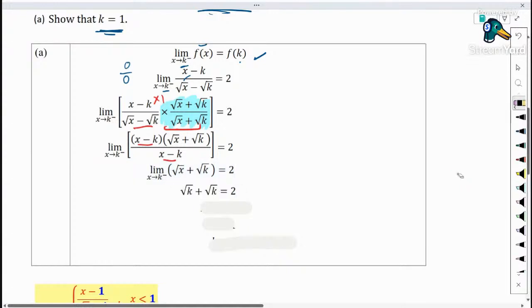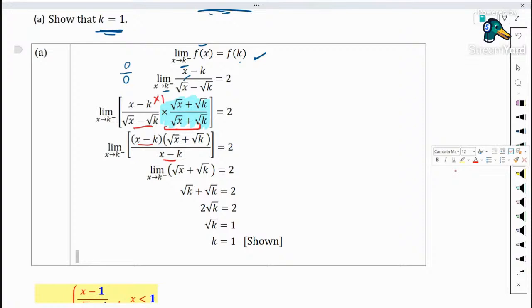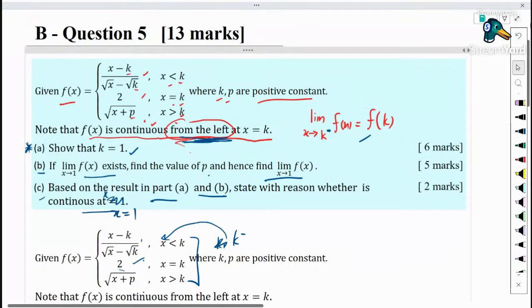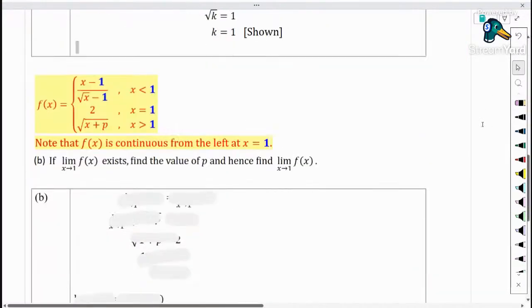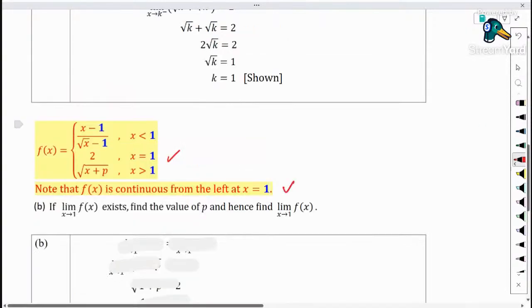Square root of k plus square root of k, we get 2 square root of k, so square root of k equals 1, k equals 1, shown. And once you get the k value here, now we can plug into all the info here with k replaced by 1. So therefore, now the function will turn out in this form here. And the inverse will turn out like this.